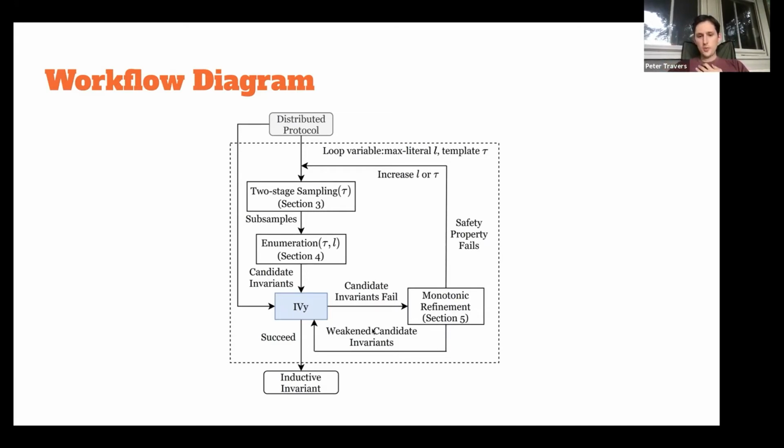So when it finds these weakened candidate invariants, it pipes them back into Ivy to see if that will solve this protocol. If it's unable to do that and the safety property fails, it pipes the failures back to the sampling stage, which will then make different decisions about what it will propagate down into the enumeration stage.